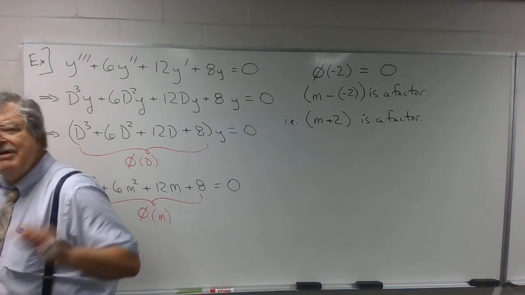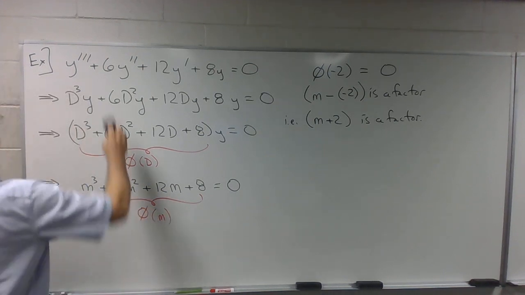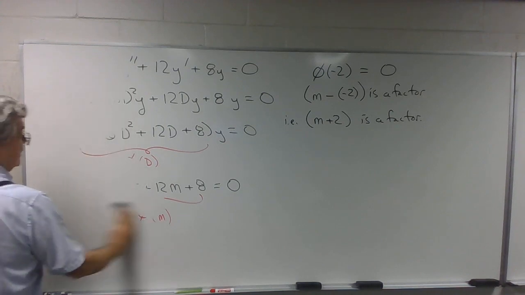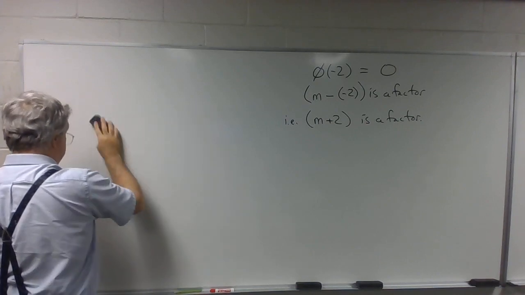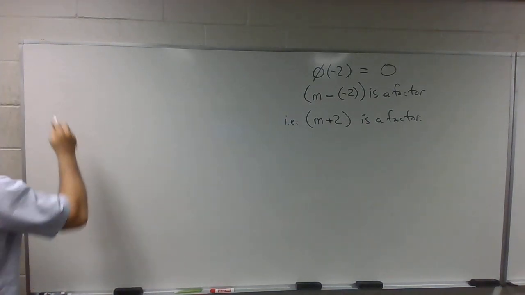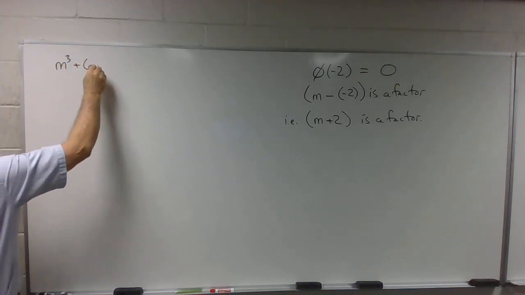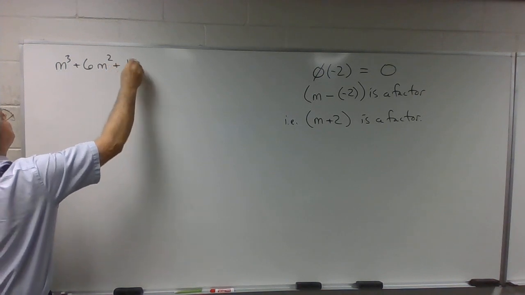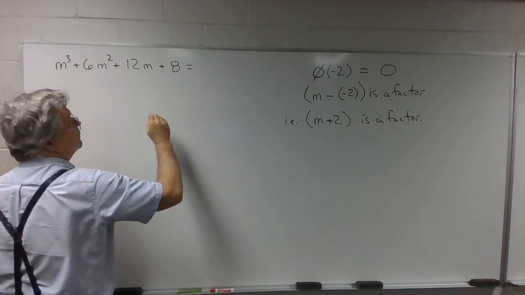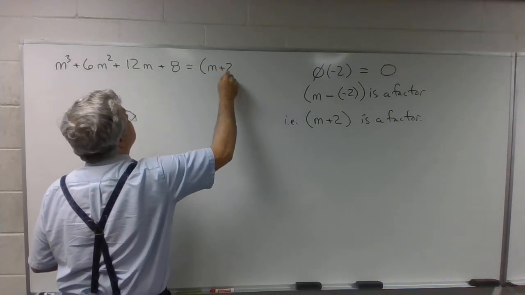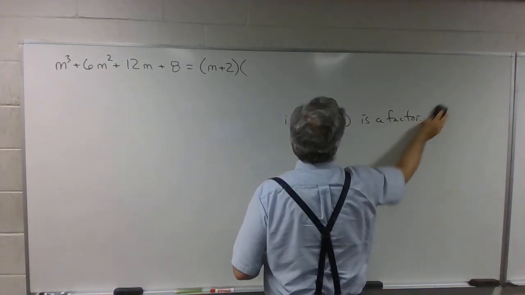Now, once I have one factor of the polynomial, the others are usually not all that hard to get. So, let me write down my polynomial again. Here's phi of m. See, m cubed plus 6m squared plus 12m plus 8 equals m plus 2 times some other factor.